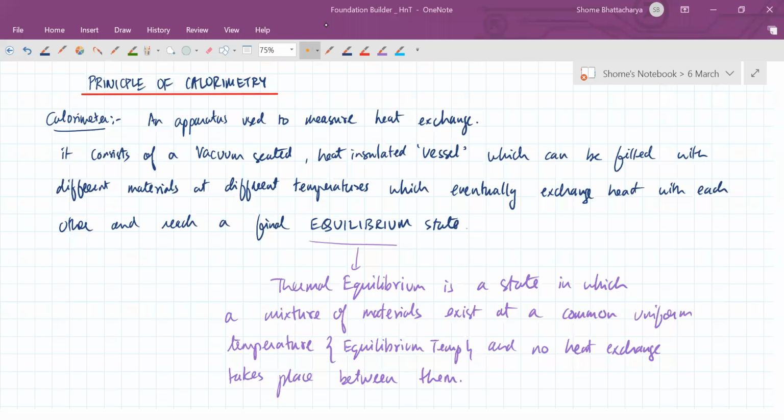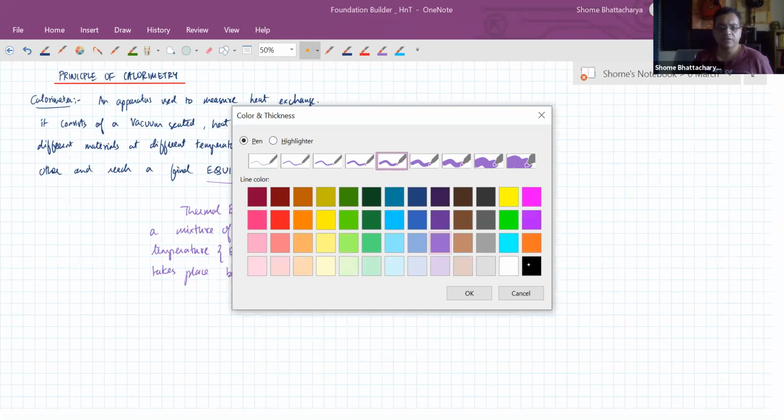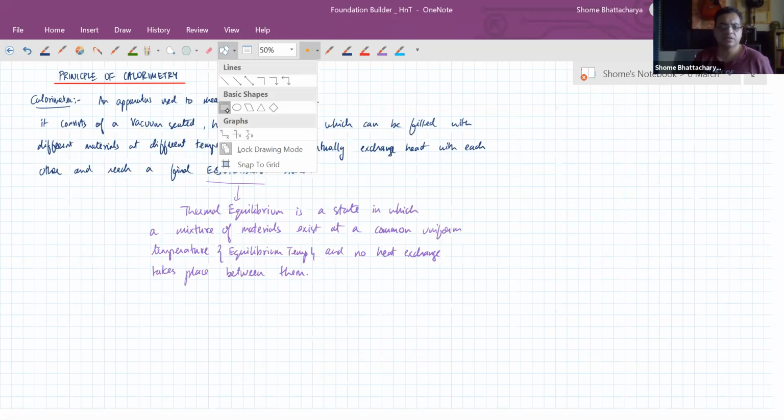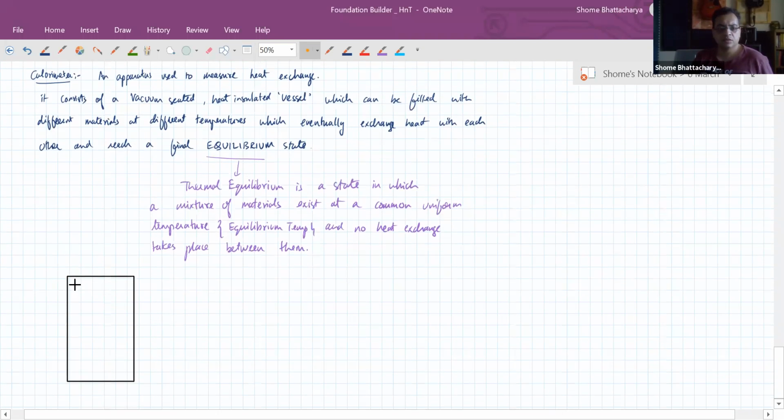Yeah, we will understand about the calorimeter and the principle of calorimetry in more detail. So you can just think of the calorimeter like a flask, like a thermally insulated flask, and the thermal insulation is actually achieved by making it a double walled flask which is vacuum sealed. So between the two walls there is vacuum sealing.